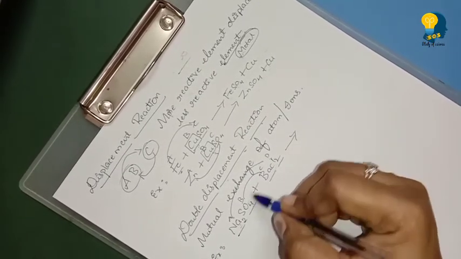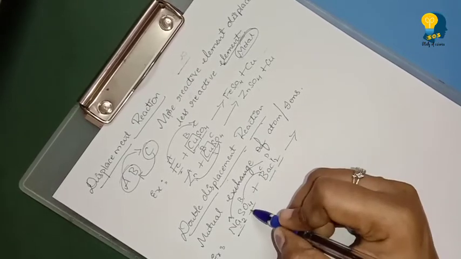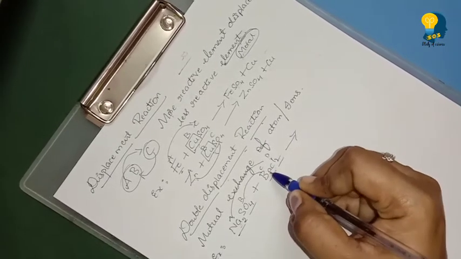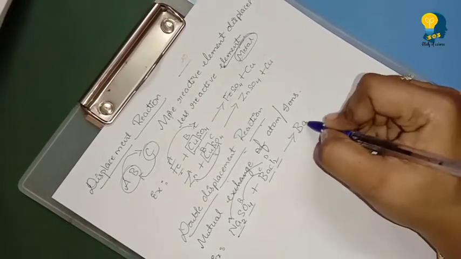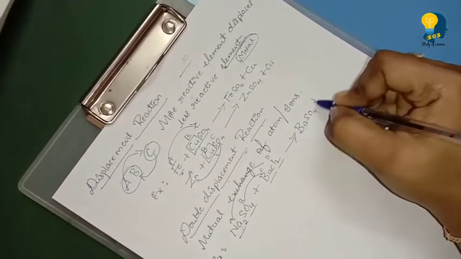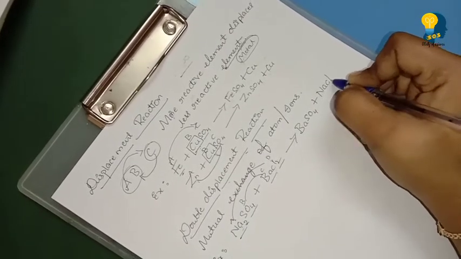So here it is vice versa. When B combines with C, we cannot write first the ion and then the metal. First we have to write barium, then sulfate. So it is BaSO4, barium sulfate, and sodium chloride, NaCl.